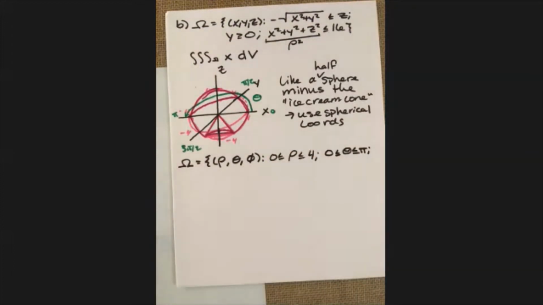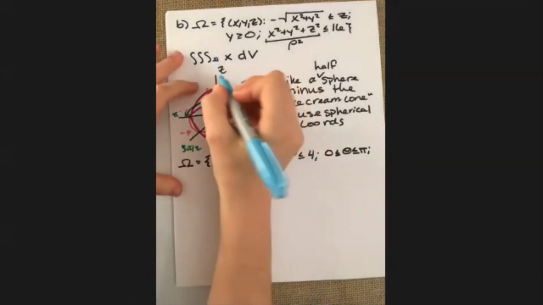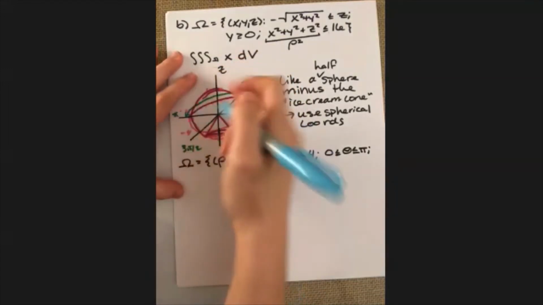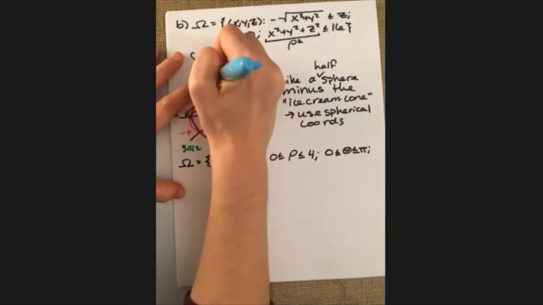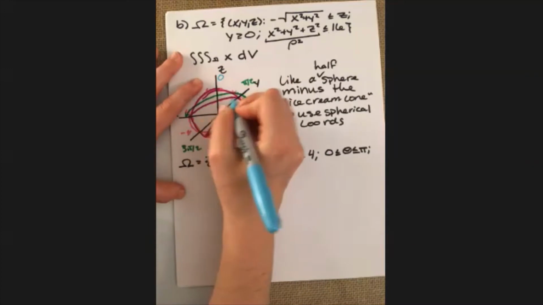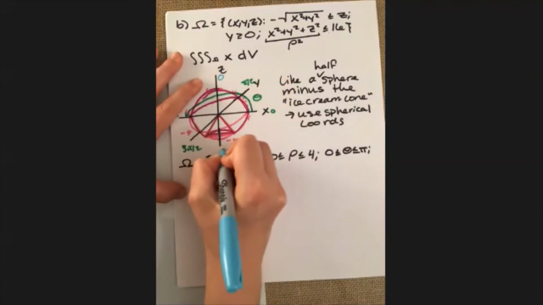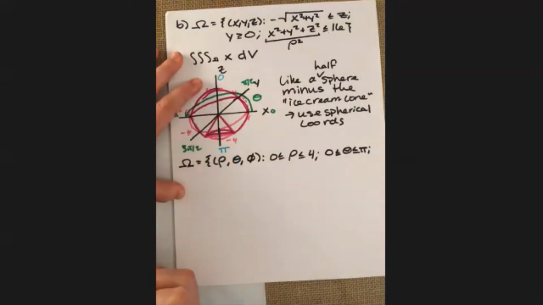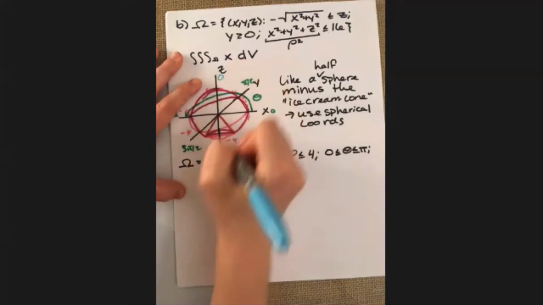Figuring out phi, on the other hand, is a little bit trickier. The first thing we do is we recall that if rho is pointed straight up, this corresponds to phi equal to 0. Pointing straight down corresponds to phi equal to pi, and then phi is allowed to range anywhere in between.